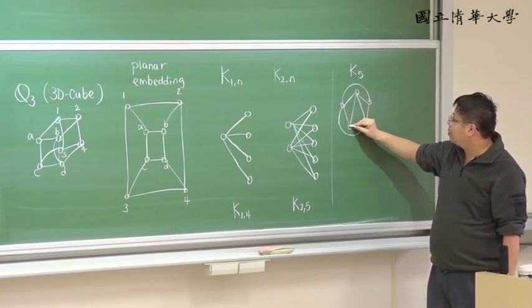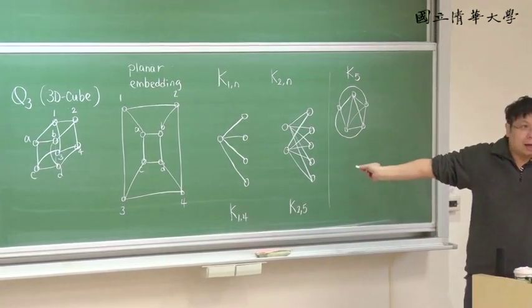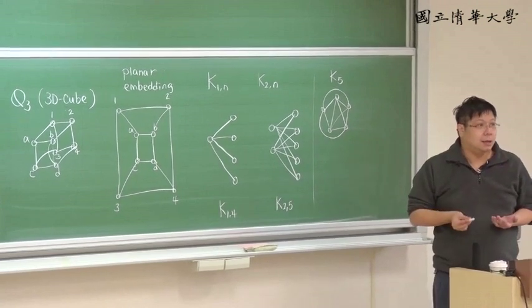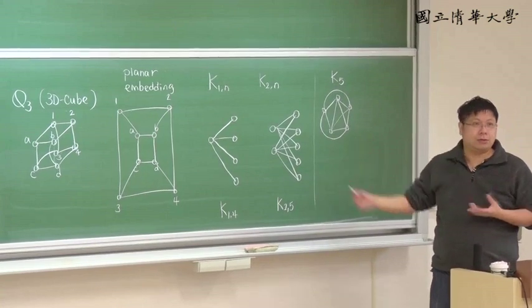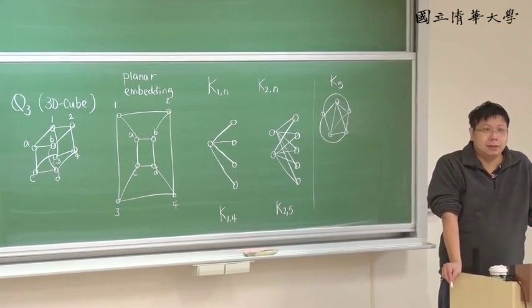But that doesn't mean that I'm showing K5 is not planar by using the arguments so far. Maybe I am just not clever enough, and I do not find a correct embedding of this K5 on the plane.